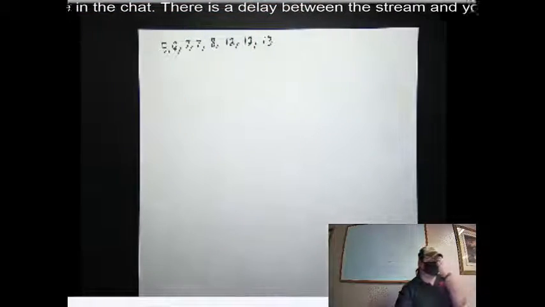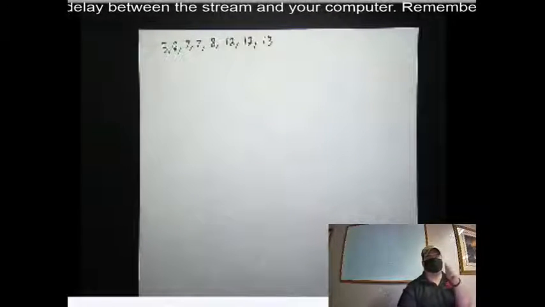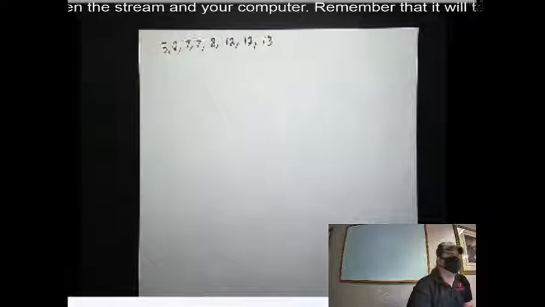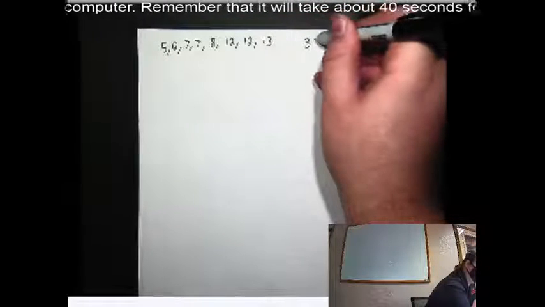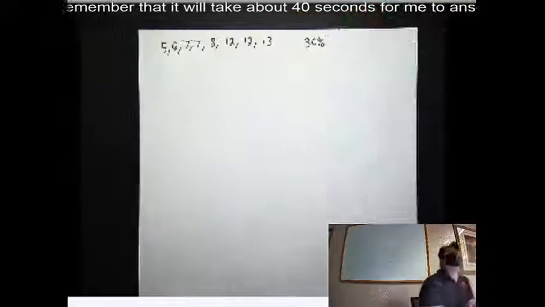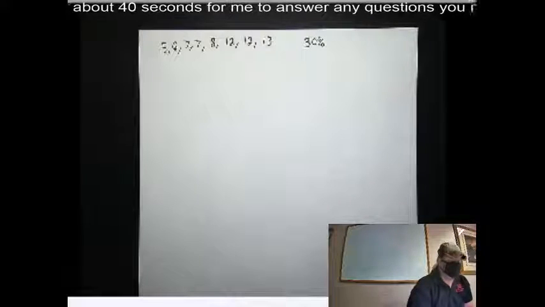Okay. It's the same data, but instead of trying to find 25, 50, or 75%, let's try to find 30%. So at what point have we seen 30% of our data? That's the question we're asking here.